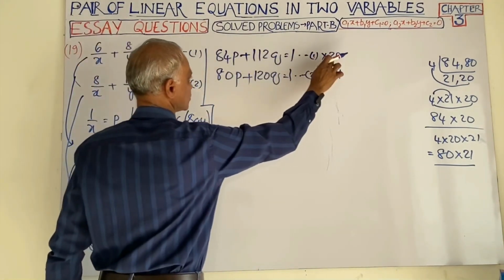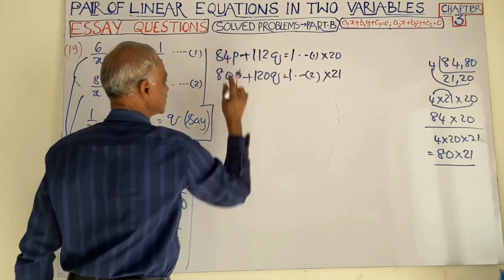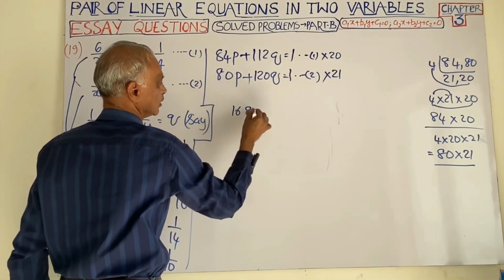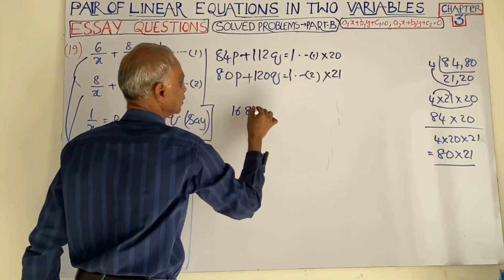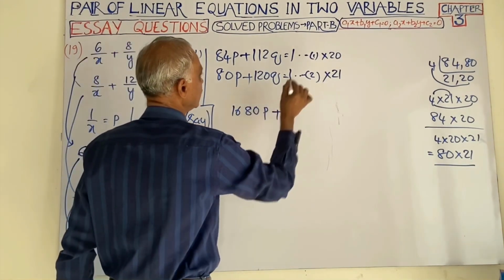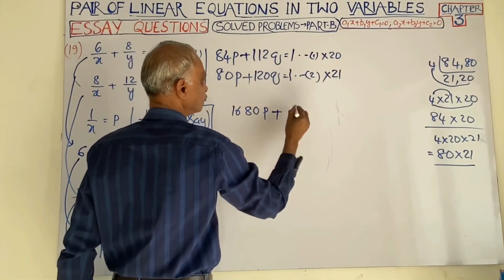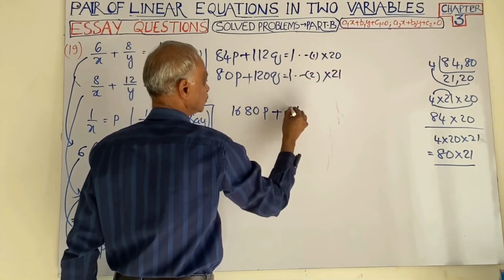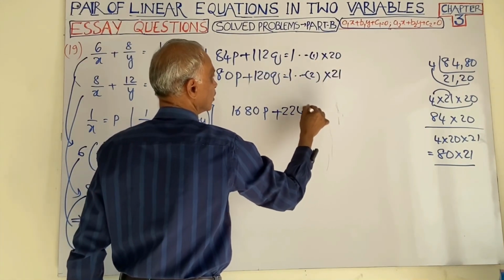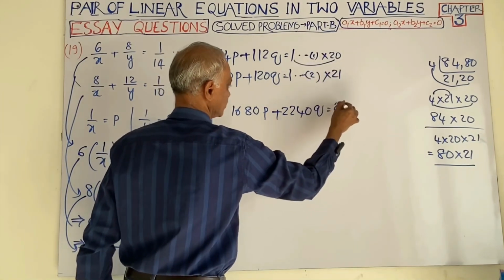You multiply this with 20. 2 2s are 4, 2 4s are 8, 2 8s are 16, and 0 remaining, 1680p plus you multiply 20 with 112. 2 2s are 4, 2 1s are 2, 2 1s are 2, 0 remaining, q is equal to 20 into 1, 20.